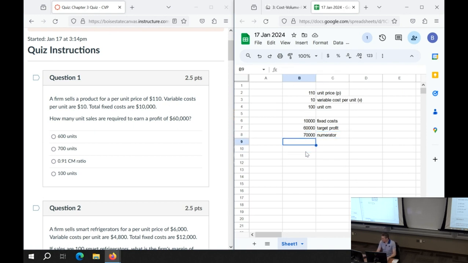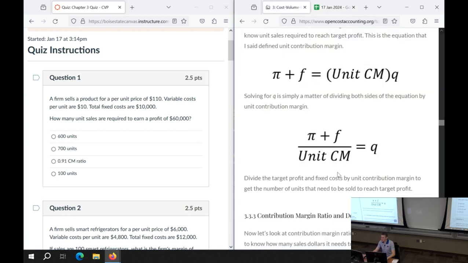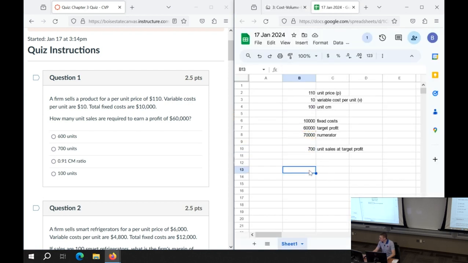And so the answer is going to be this numerator divided by the denominator. So that's going to be our unit sales at target profit. So not too hard to apply these equations here. Now we could go a little different.